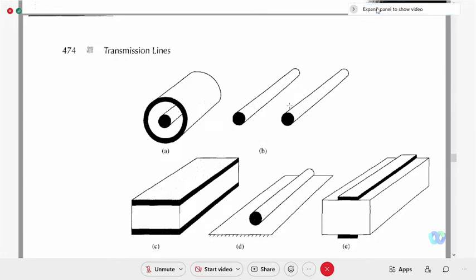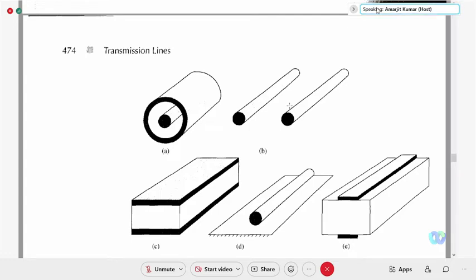What is the conductivity of the conductor, the permittivity of the conductor, and the permeability of the conductor? Sigma C is the conductivity, mu C is the permeability, and epsilon C, equal to epsilon naught, is the permittivity for the conductor.